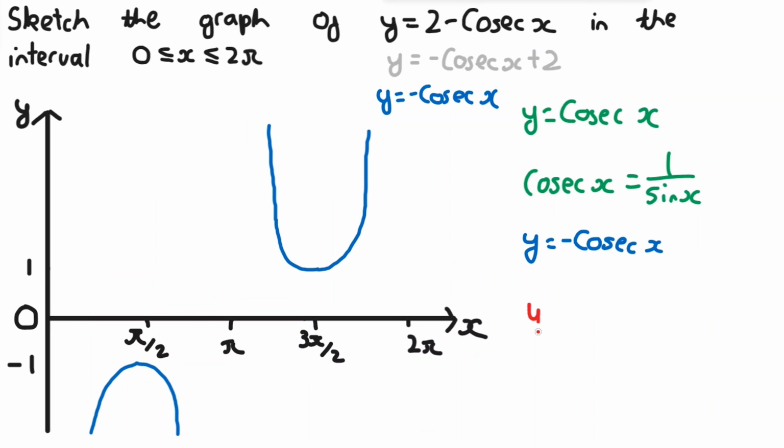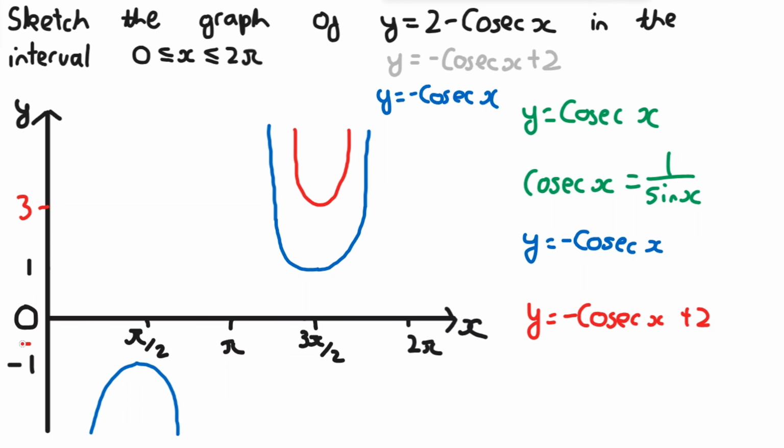So I've just extended the axis quickly, and now we need to do this transformation. So now we need to sketch a graph of y is equal to minus cosec x plus 2. This is an outside the function translation, so this is going to shift everything up by 2 in the y-axis direction. So this, which was at 1, is now going to be at 3, which we'll say is about here. So this here is now going to be like this here and here.